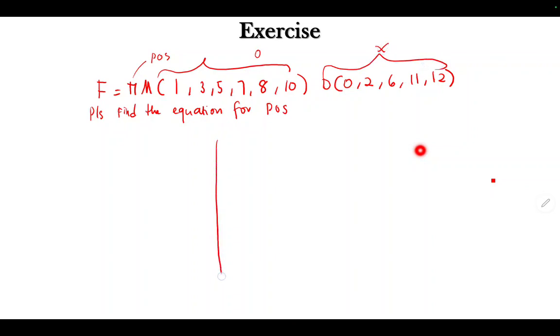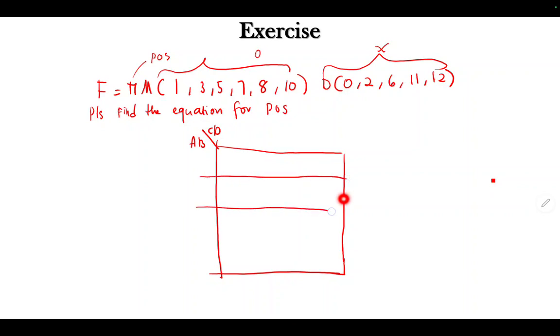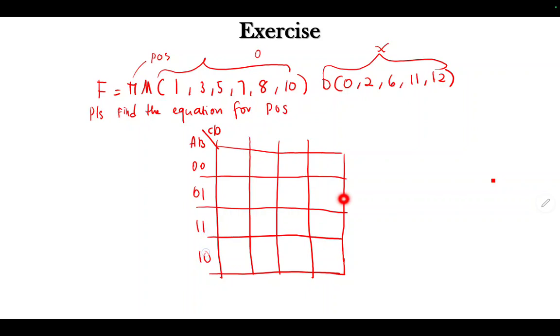Okay, first of all, you need to do a K-map 4 times 4, because by looking at this number, you know if it's more than 7, it should be 4 times 4. Pick binary. You got A, B, C, D, 16 cells. So you got here 00, 01, 11, 10, and 00, 01, 11, 10.